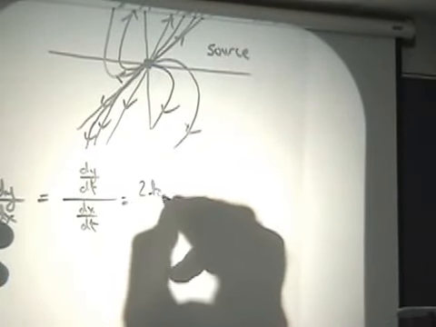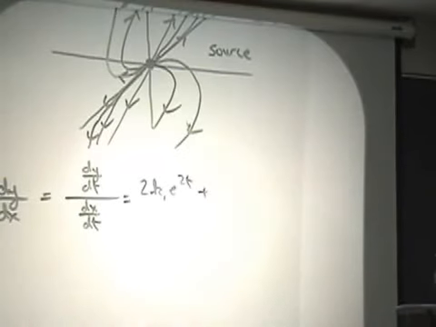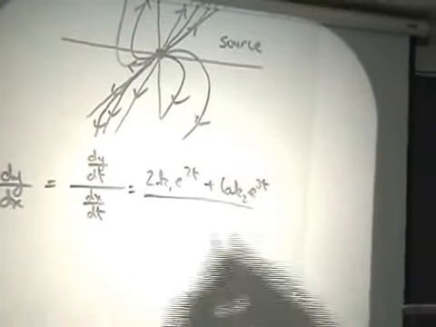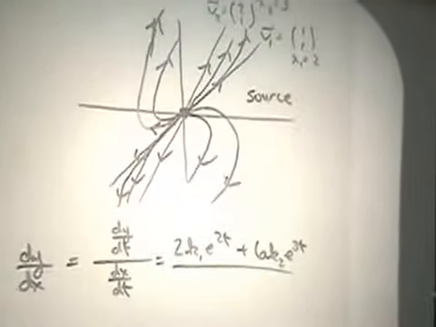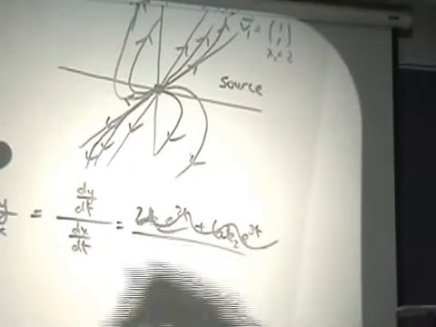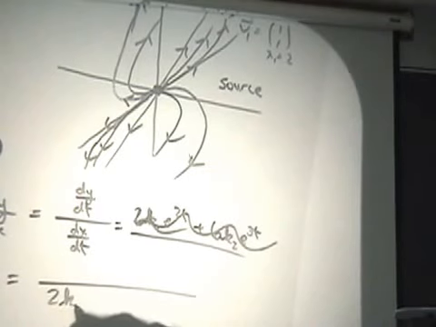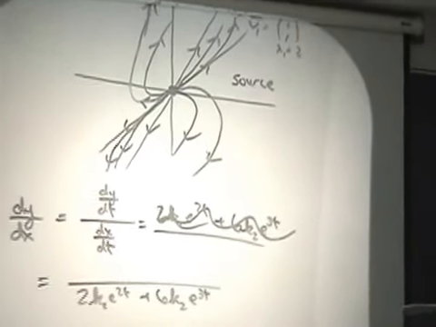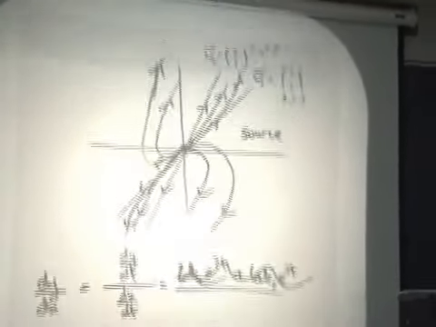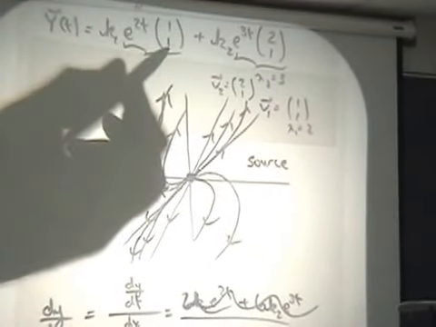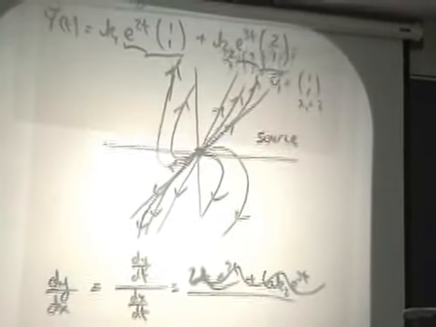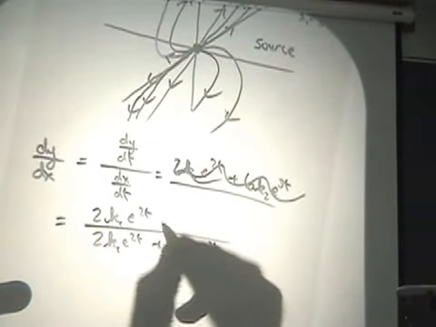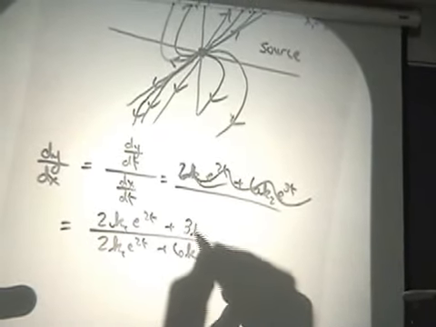You'll get 2k1 e^(2t) plus 6, 2 times 3, k2 e^(3t). Oh, excuse me, that was x, mistake. 2k1 e^(2t) plus 6k2 e^(3t). For y, go to the second component, k1 e^(2t) times 1 plus k2 e^(3t) times 1. Differentiate that, you get 2k1 e^(2t) plus 3k2 e^(3t).